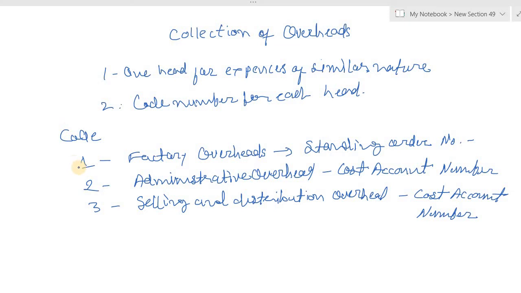Take first head, factory overhead, also called standing order number. Some subheads are salary. We can give code number 1.01, salary for foreman.